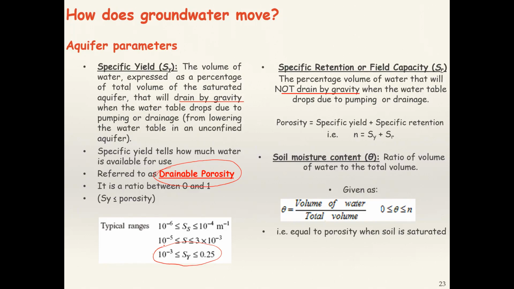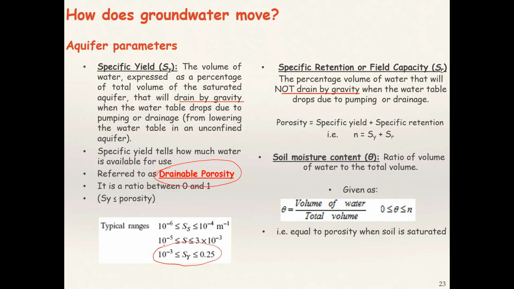So how does it happen? No matter what the level of saturation of the aquifer is, still a small amount of water will be retained in the porous medium. This water will not be drained under gravity. That is called the specific retention.